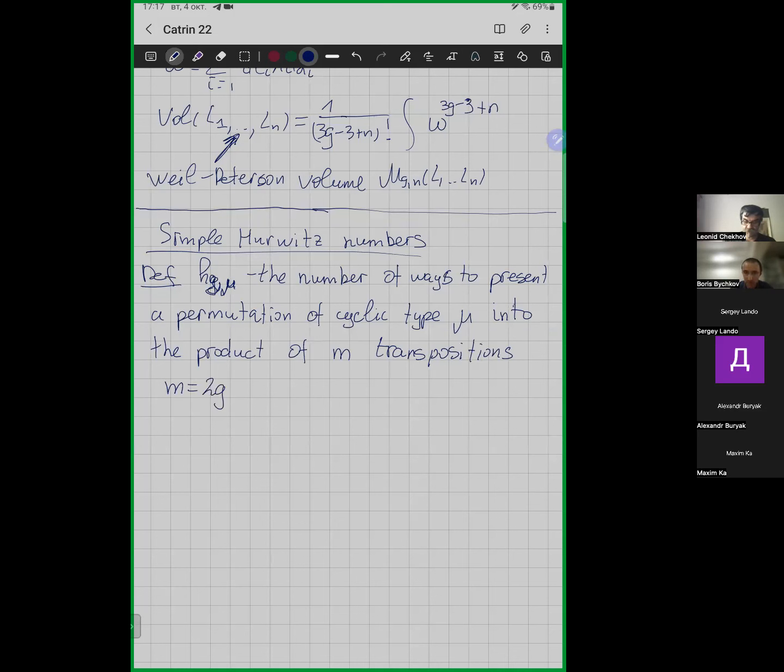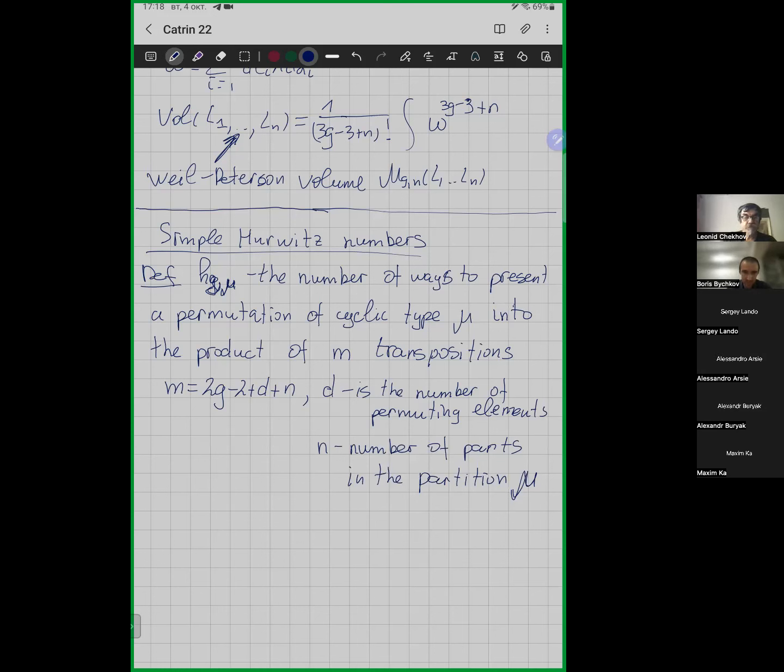So m is equal to 2g minus 2 plus d plus n, where d is the number of permuted elements, and n is the number of parts in the partition mu, and g somehow is the genus of the covering.